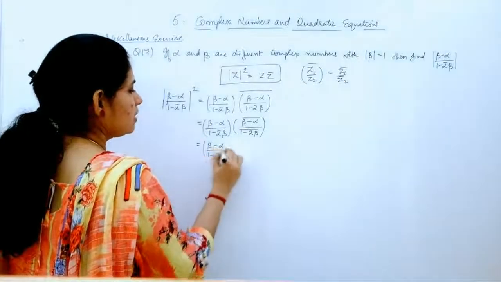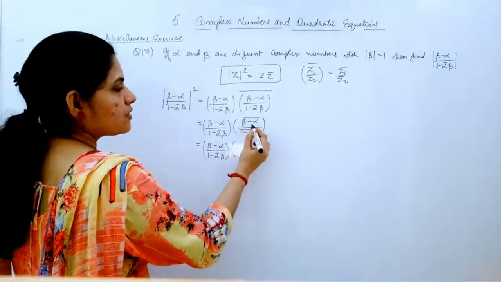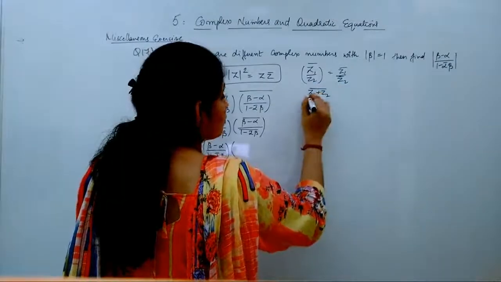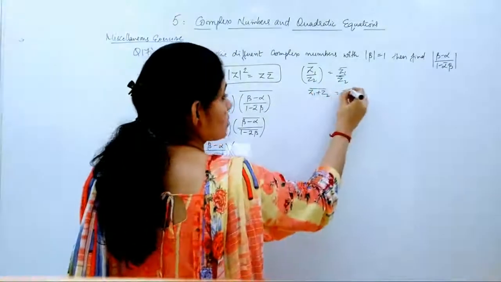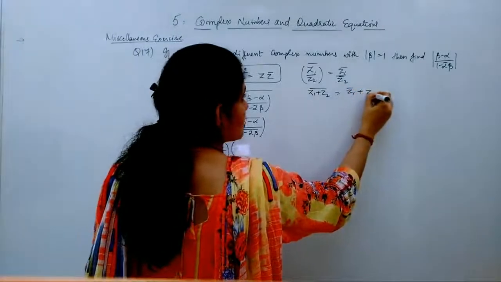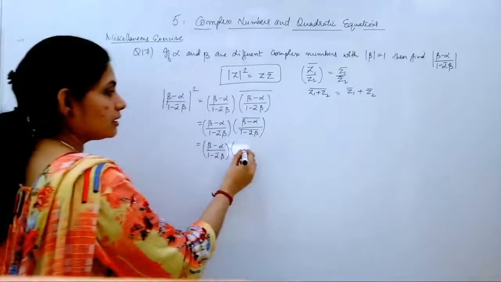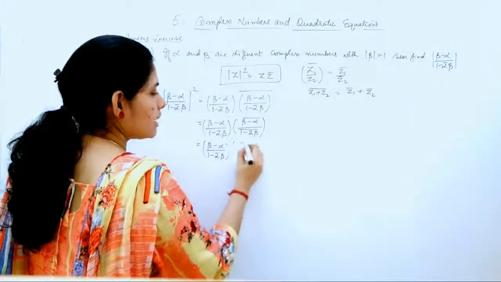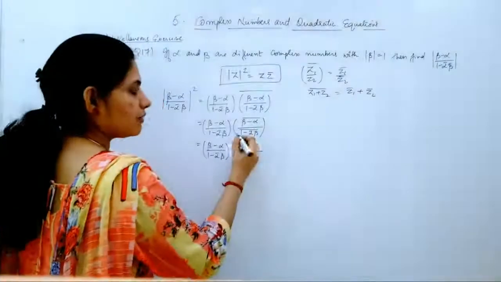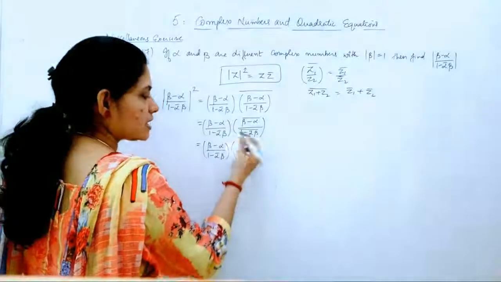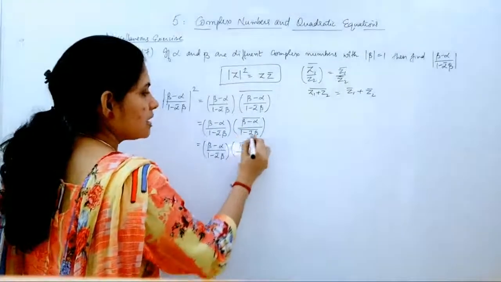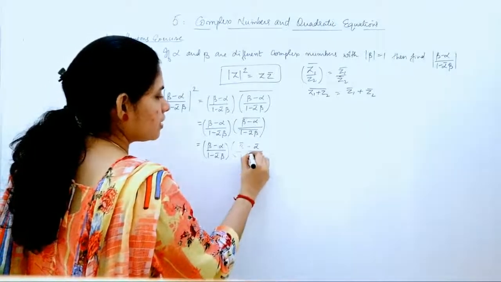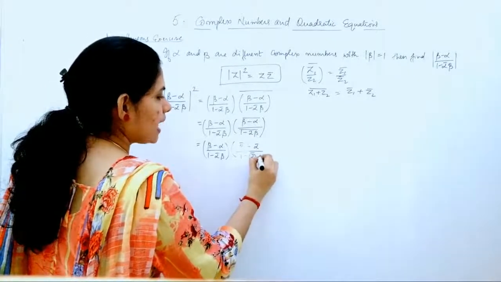Again equal to beta minus alpha by 1 minus alpha bar beta into, now conjugate of z1 plus z2 is equal to z1 bar plus z2 bar. So that we are applying here, so that you can write beta bar minus alpha bar divided by, here it is 1 bar. 1 bar is 1 itself. It doesn't have any conjugate because it is a real number. The others are complex numbers. Now alpha bar, the whole bar, and beta bar.